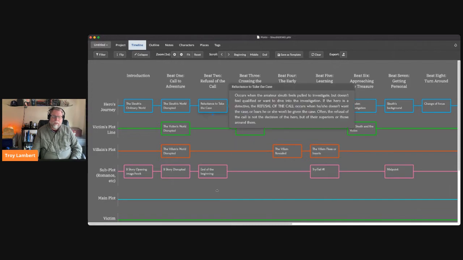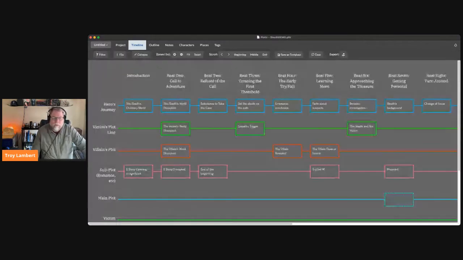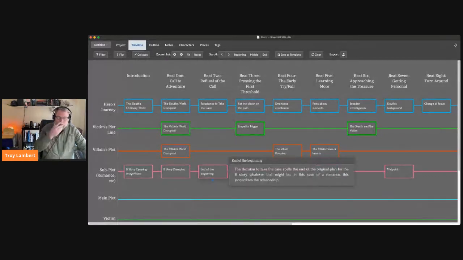And then we have the typical refusal of the call. Instead, the sleuth's journey is the reluctance to take the case. The amateur sleuth feels pulled in to investigate, but doesn't feel qualified. The hero's a detective. He doesn't want the case. Maybe he's afraid he won't be given the case. All those different types of things, right? And actually, I'll share this template in a broader sense, so you guys can take a closer look at that.